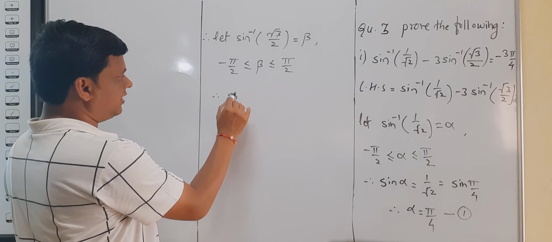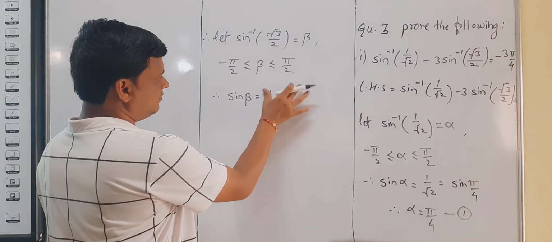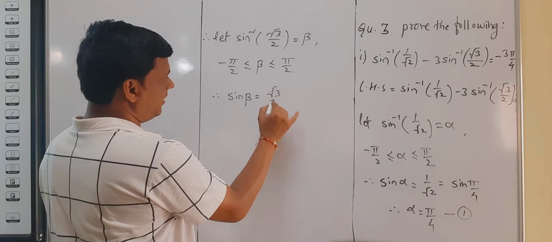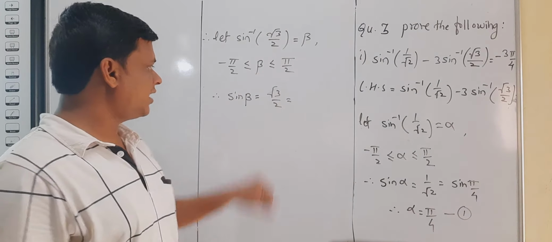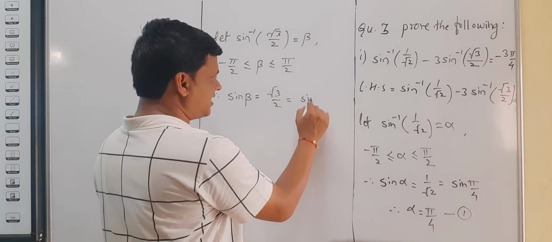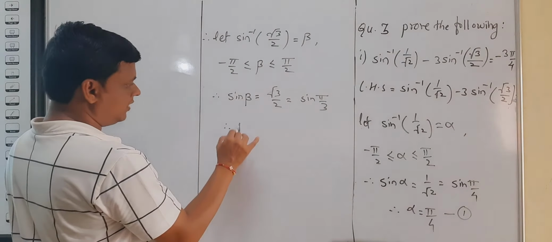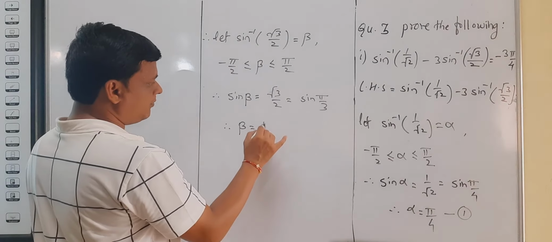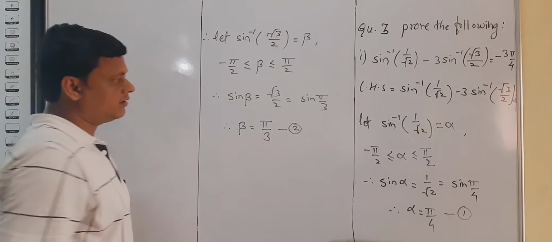Therefore we write sin beta is equal to root 3 by 2. Now we know that sin 60 is root 3 by 2. So we write here sin pi by 3. Therefore beta is equal to pi by 3. This is equation number 2.